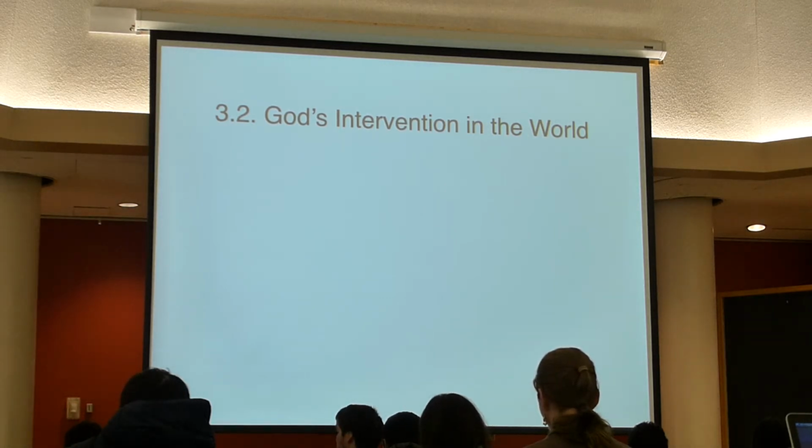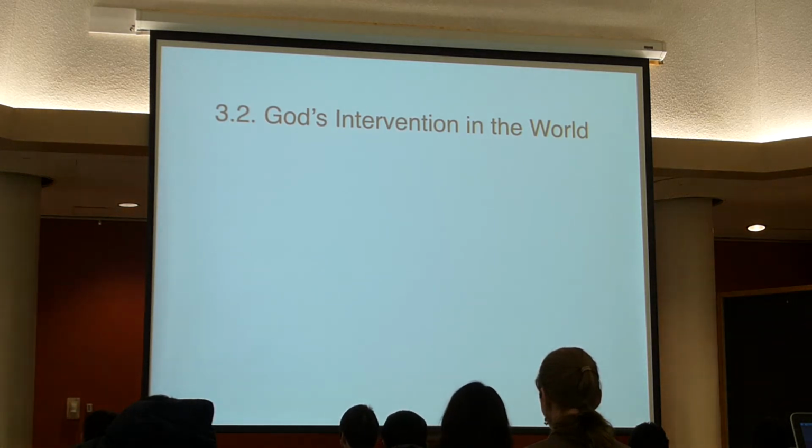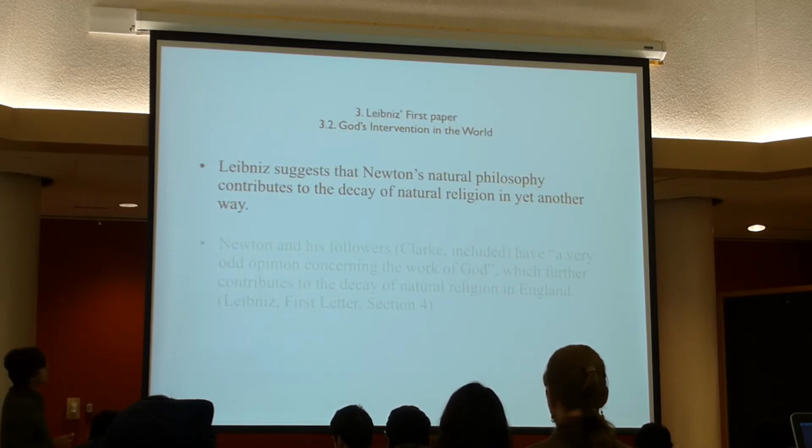The other accusation is the intervention. We will see that in Newtonian physics there are a number of reasons why God needs to intervene in the world. And Leibniz doesn't like it.